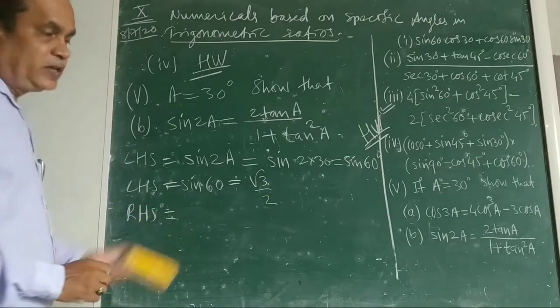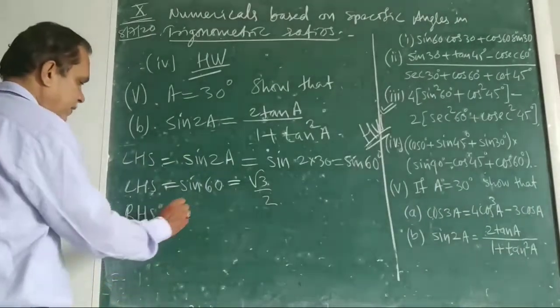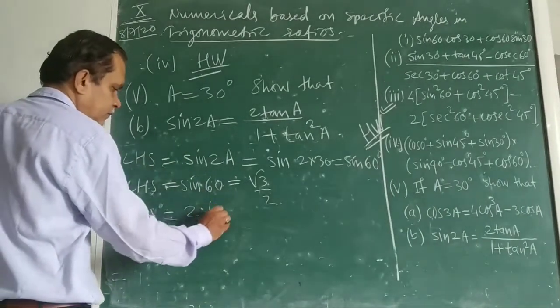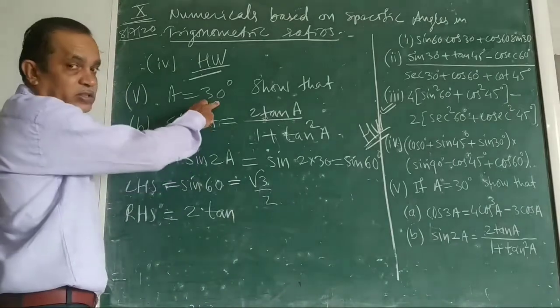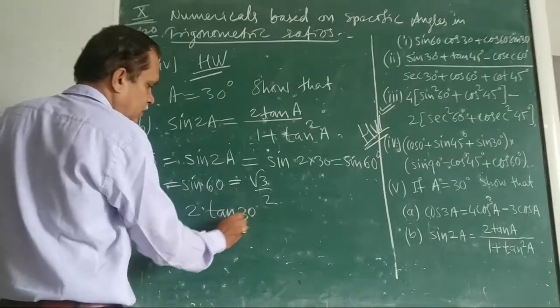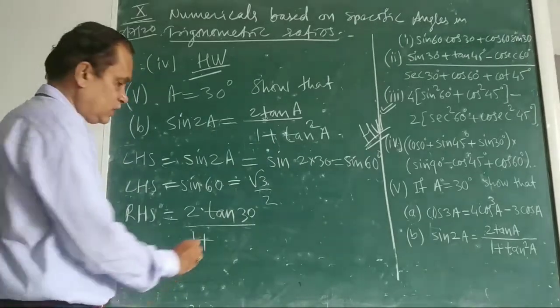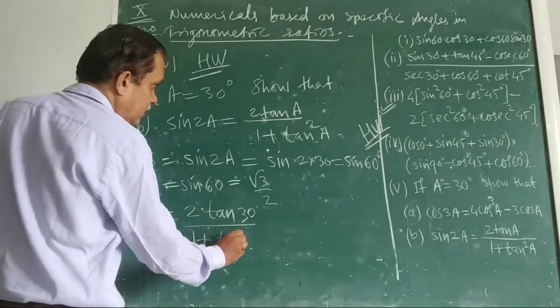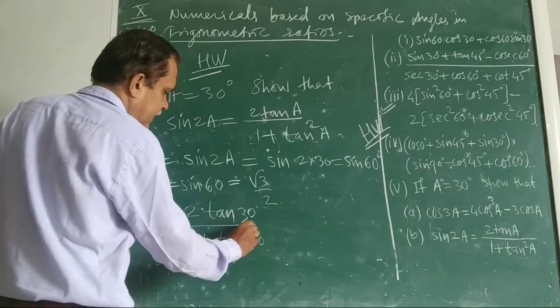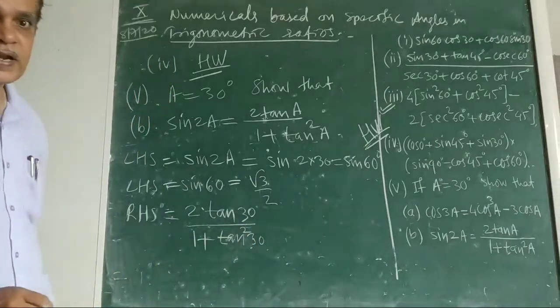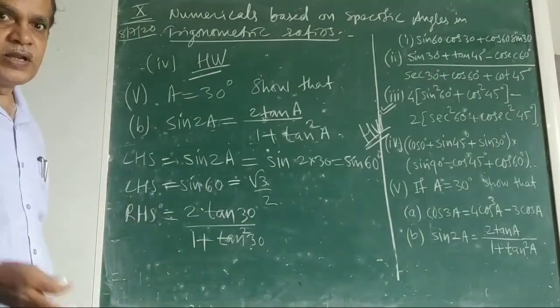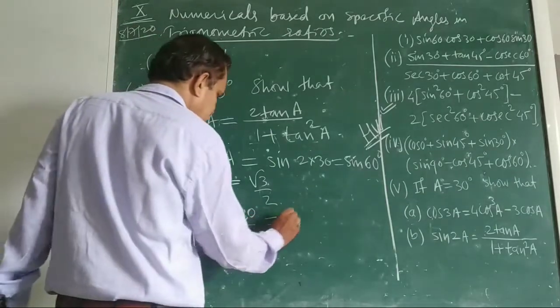RHS. What is RHS? See, take 2 tan A, tan A. What is that? 30 upon 1 plus, yes, tan square 30. Tan square 30. Simply putting values. I will go to table. Now see, 2.